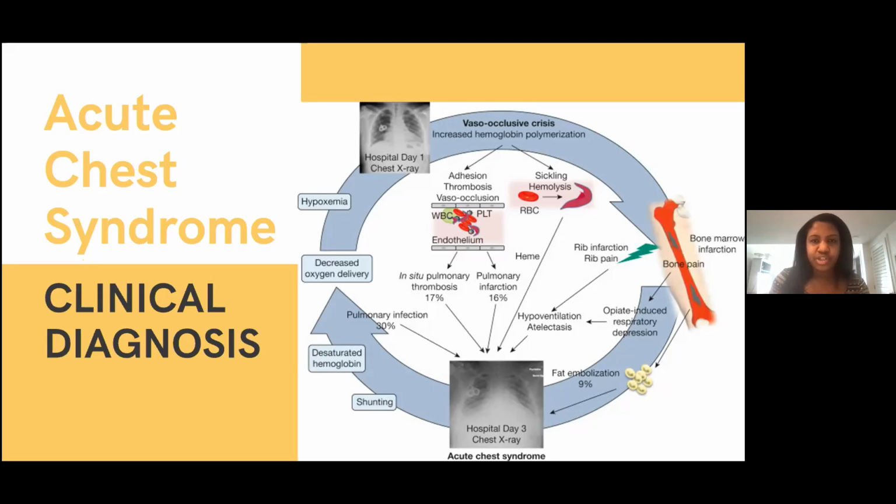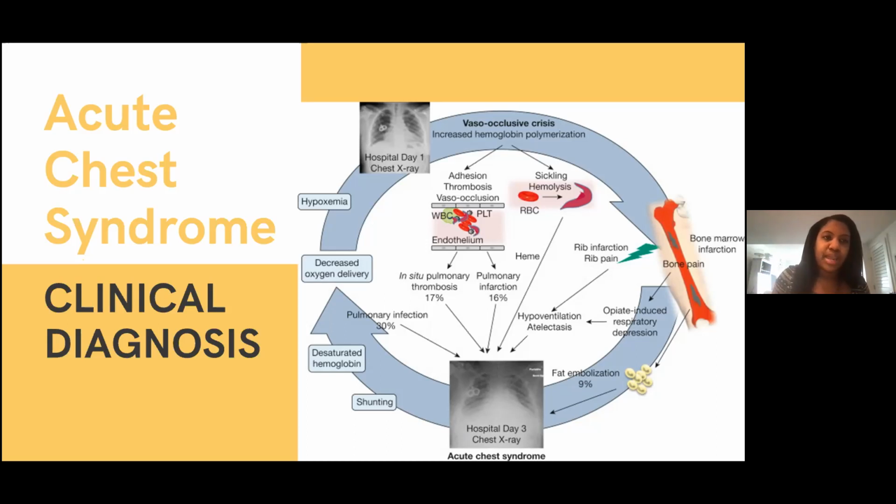The pathophysiology, I have a little diagram here about how vaso-occlusion in the pulmonary vasculature is really the basis for underlying ACS. This can be either triggered by infection or asthma, or it could actually be the result of it. So it's kind of a cycle, as many things in SCD are.